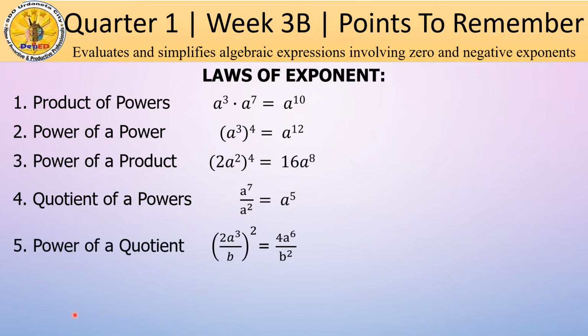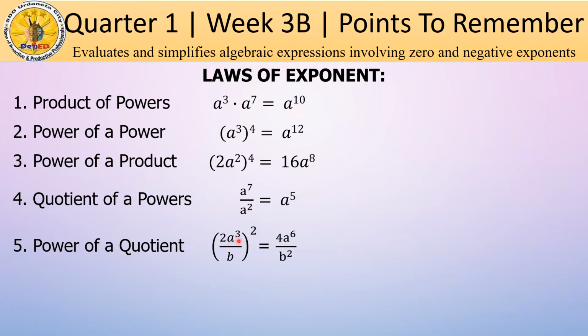Another one, we have power of a quotient. So quantity 2a raised to the third power over b raised to the second power. So we have 2 times 2 is equal to 4.